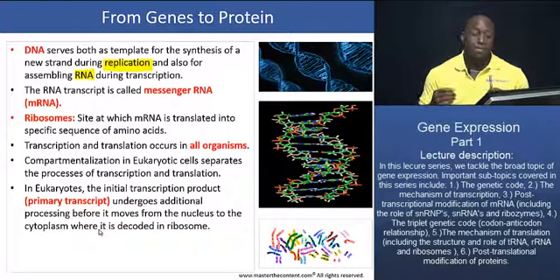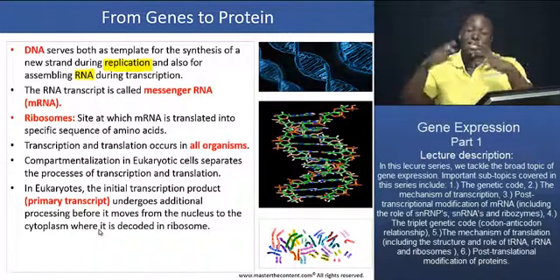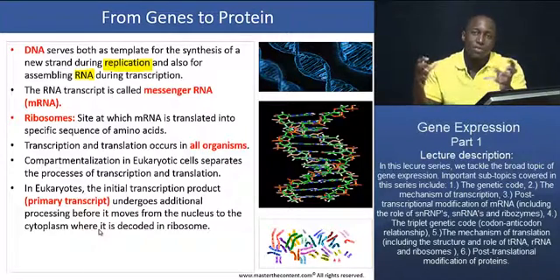Another difference is that the RNA that is copied from a limited region of DNA tends to be a lot shorter than those DNA segments. RNA segments, in general, not always, tend to be a lot shorter than DNA segments.